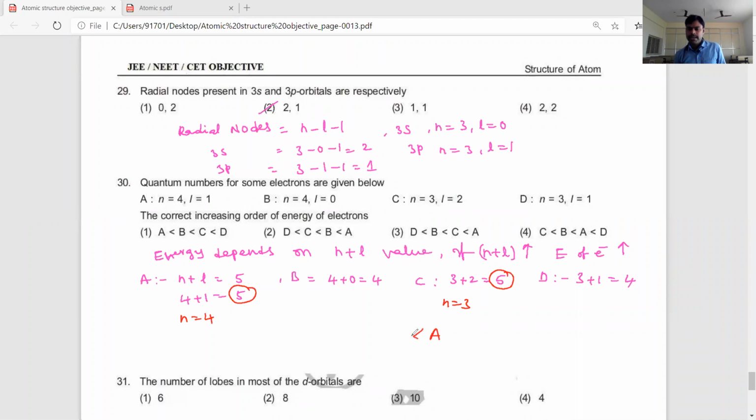That's why A has more energy compared to C. Next, B and D you have to compare. This is also 4 and this is also 4, but here n is equal to 3, here n is equal to 4. That's why B is more compared to D. So the answer is A, C, B, D. A, C, B, D means the third option is correct.